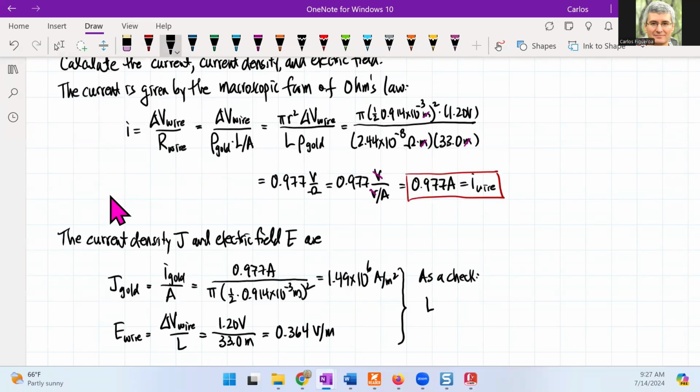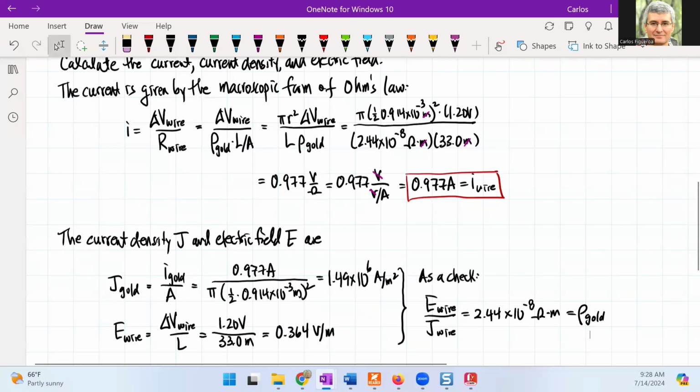If I take the electric field and the current density and look at the ratio, I do get 2.44 times 10 to the minus 8 ohm meters, which is of course the exact same value for the resistivity of gold. It has to be that way.